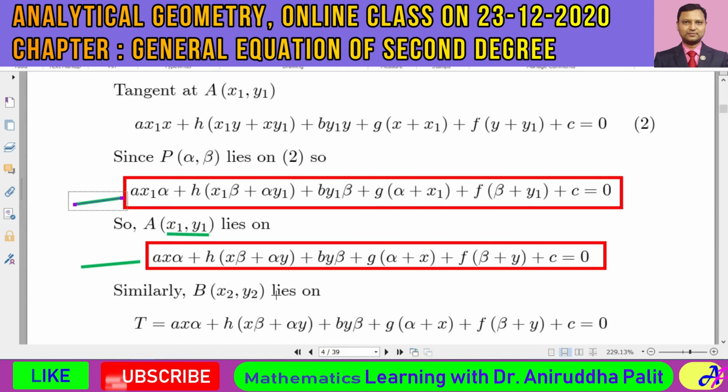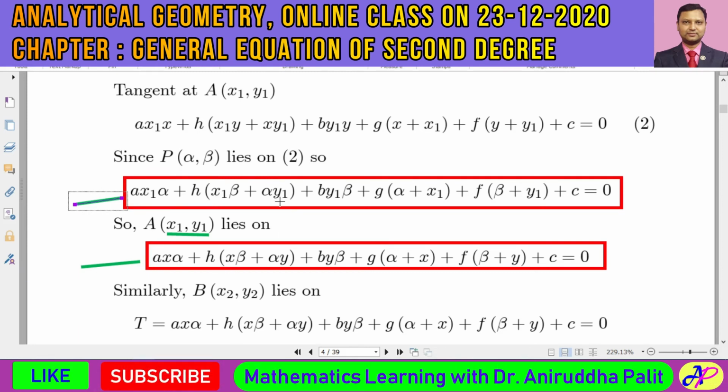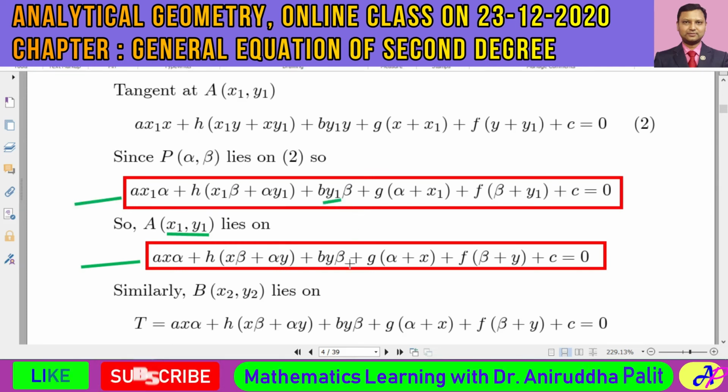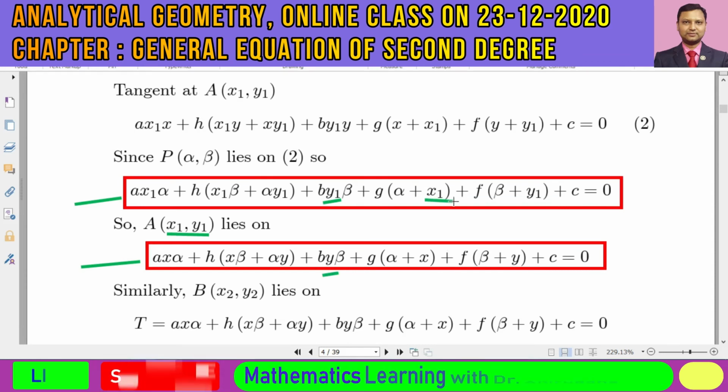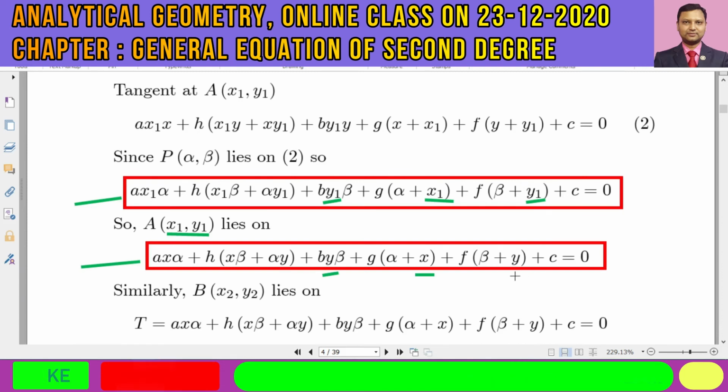Just observe it a little carefully. In place of x1 we have x, in place of y1 we have y, again in place of x1 we have x, and in place of y1 we have y.